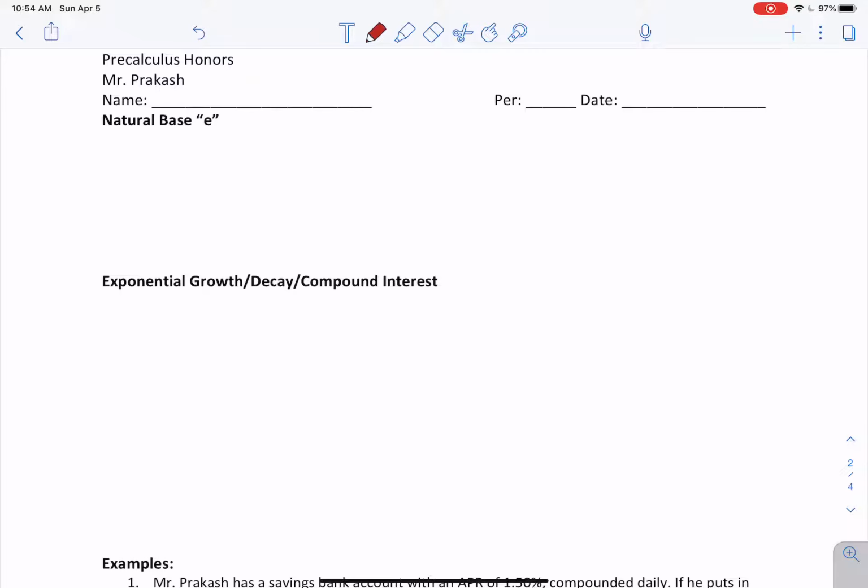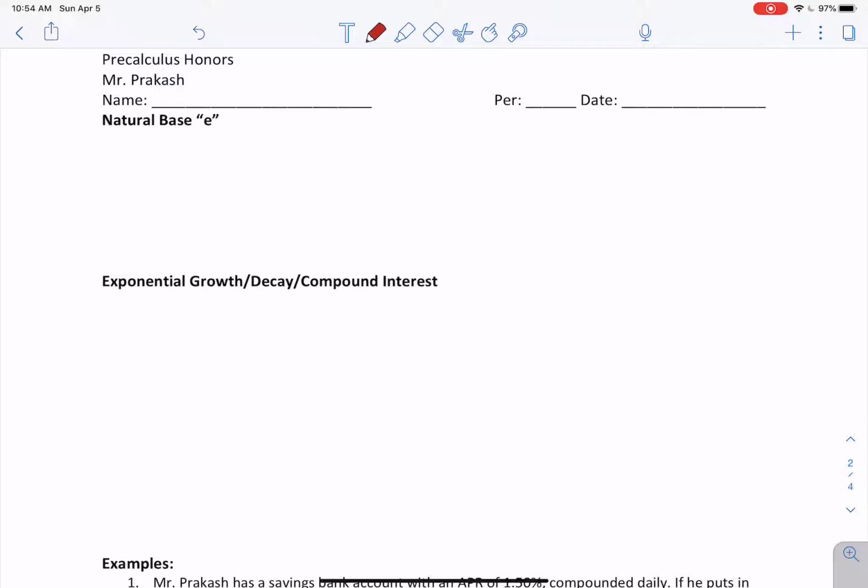We also have a special base, so we're talking about this in terms of base A, but usually we kind of standardize things. So we use this base called e, which is known as the natural base. And you can kind of think of this in 2 ways.